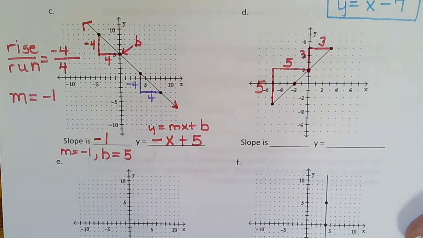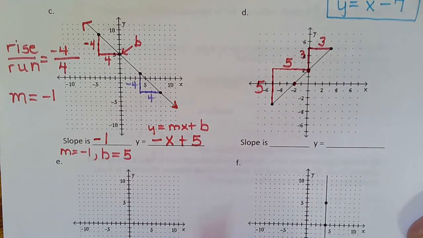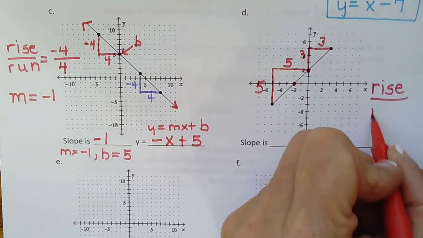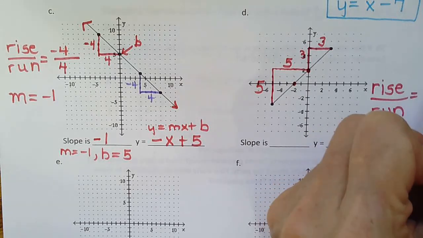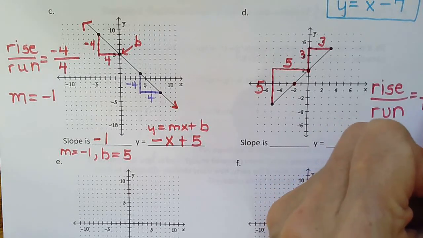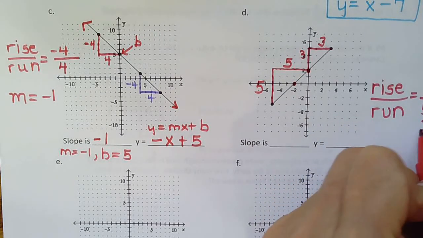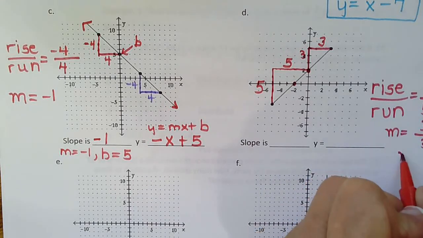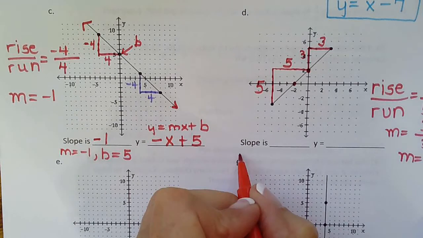So it doesn't matter which 2 points you pick, it's going to be 1 again. So rise over run is 5 over 5, or you could say 3 over 3, but it all turns into 1. So m is 1.